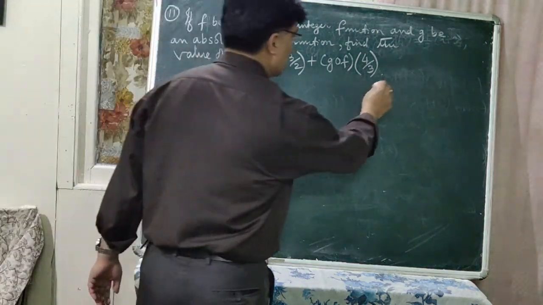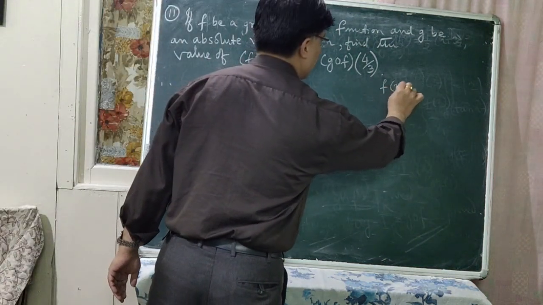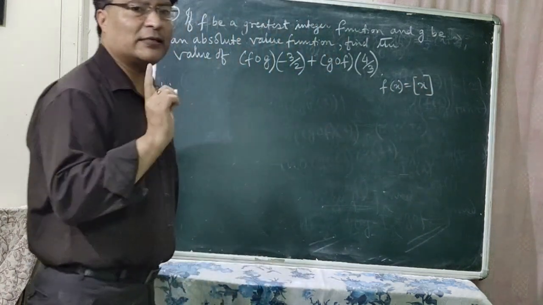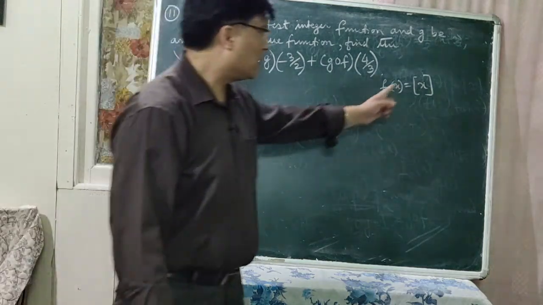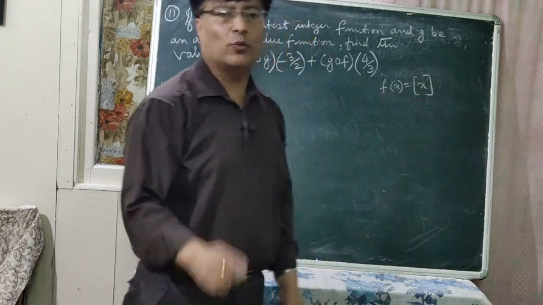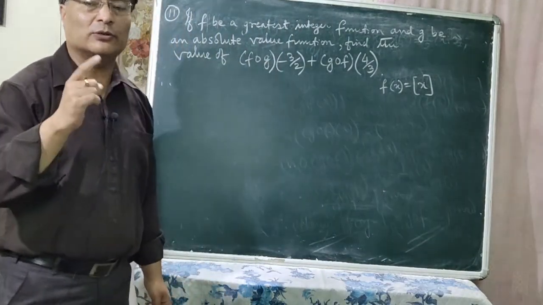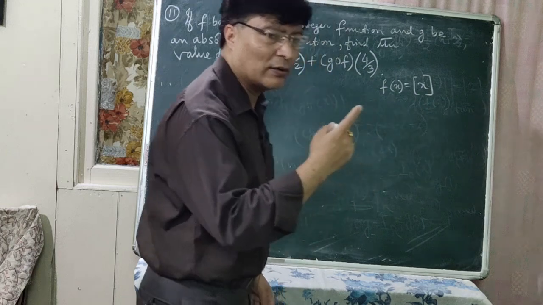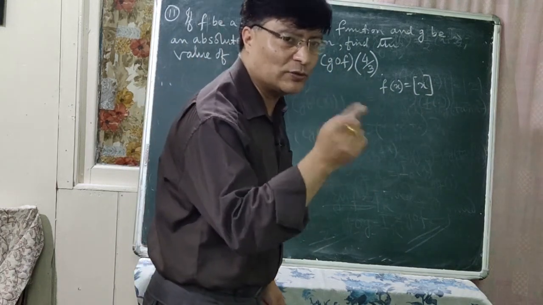Greatest integer function means that f of x is equal to within third bracket [x]. Its value within third bracket [x] is equal to the greatest integer which is less than or equal to x.